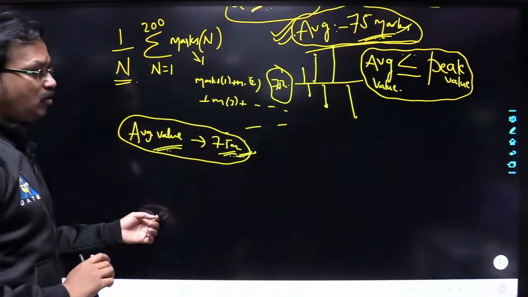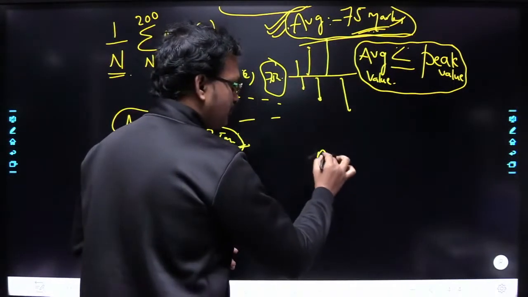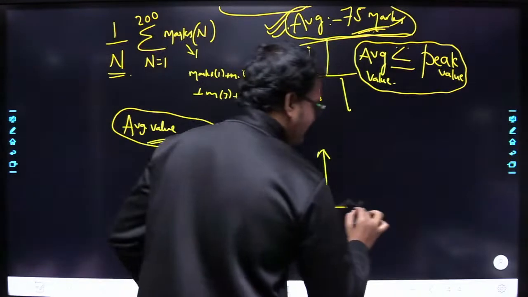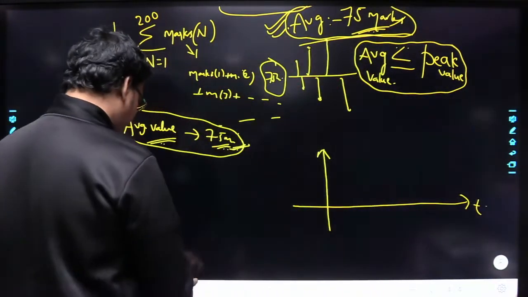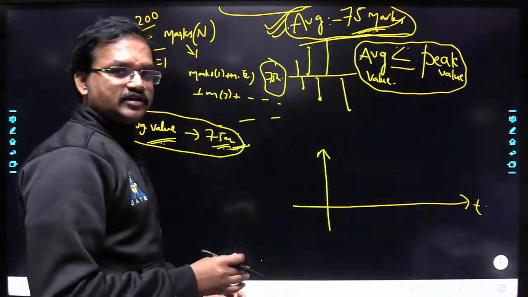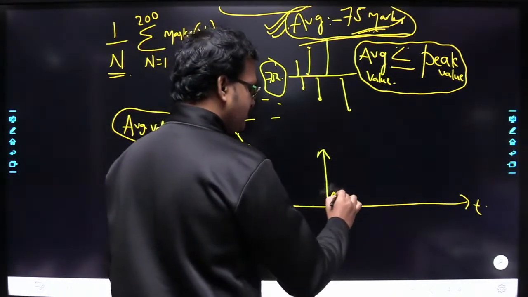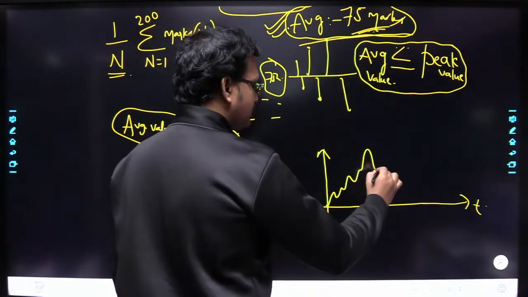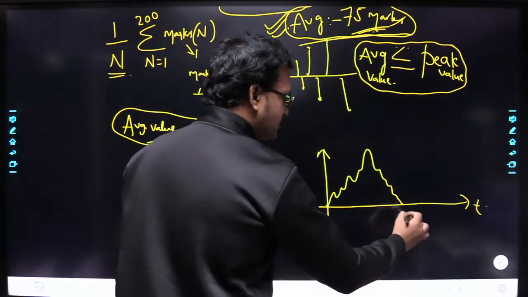Okay, here you have done summation like this. It's fine. Now, how to calculate the average value if you are having a time varying signal? Let us assume some periodic signal here. I am drawing that periodic signal only for one period of time. Let us assume the signal is varying like this. This is for one period.